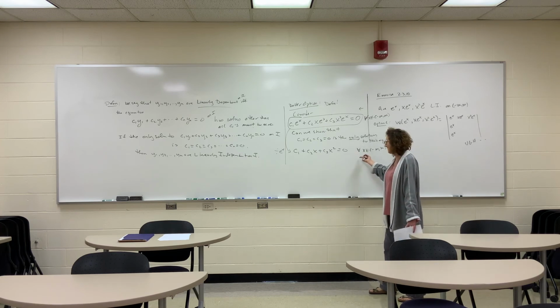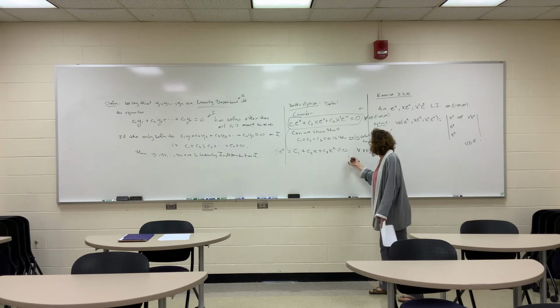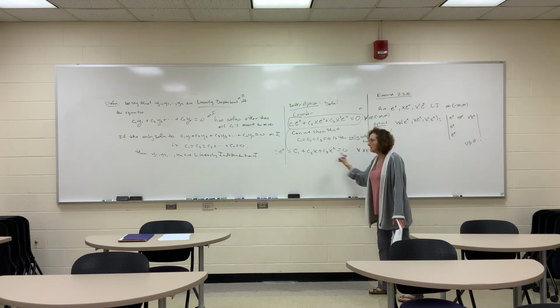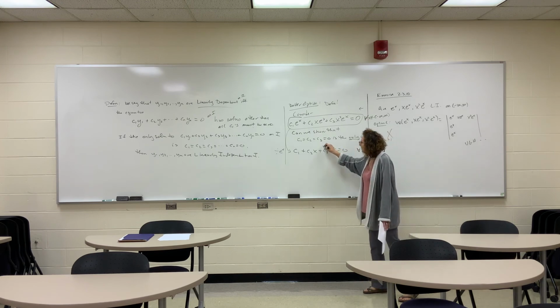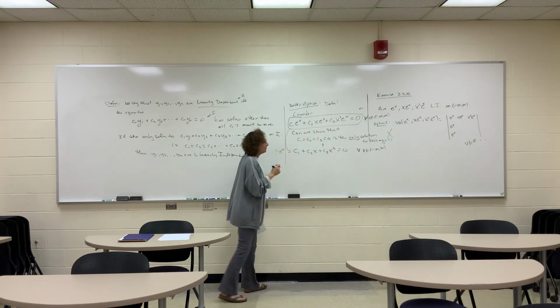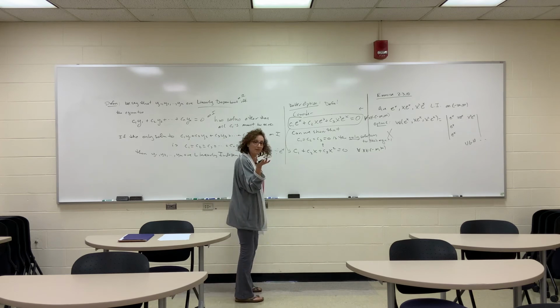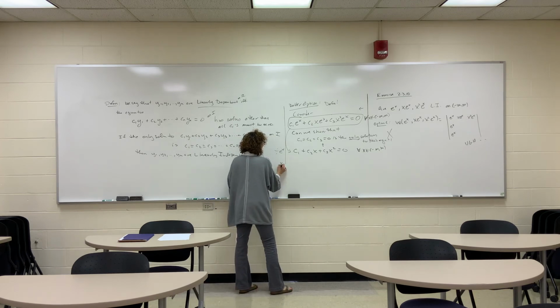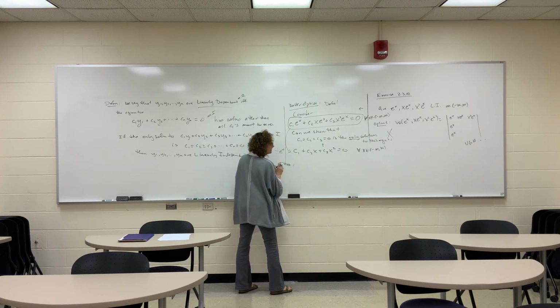The only way that's going to be possible, because this is a quadratic equation, is if c1, c2, and c3 are 0. So we can kind of immediately get that. If that is a little scary for you, then you can just plug in some values. Okay, well how about x equals 0? It has to hold for all x.